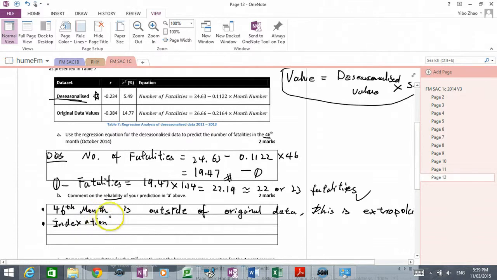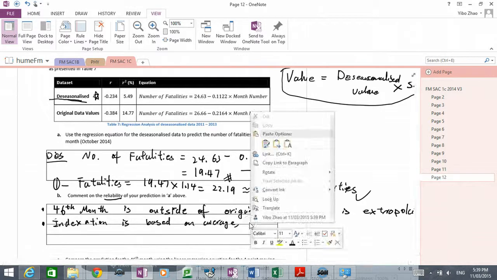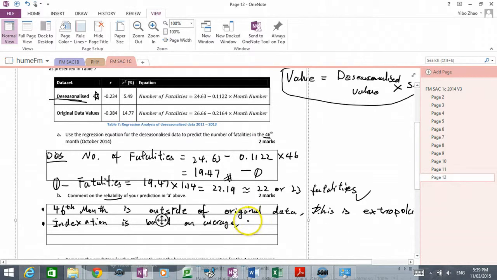The indexation is based on average, so it is not as accurate as a median approach if there are outliers.